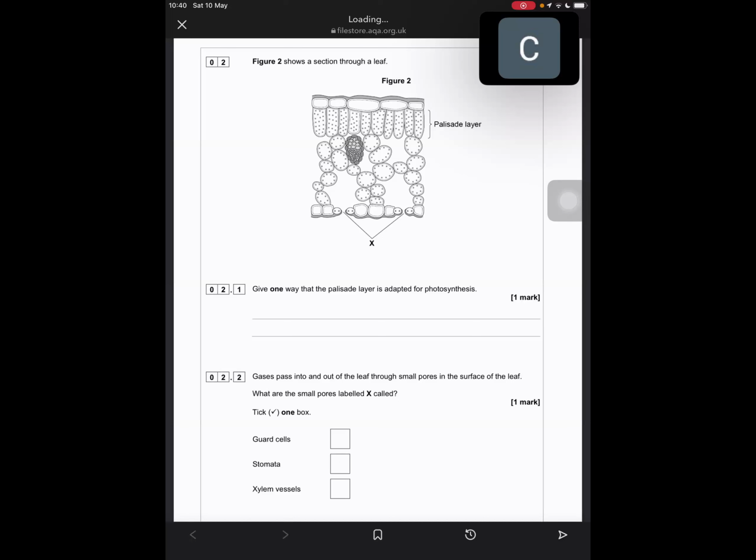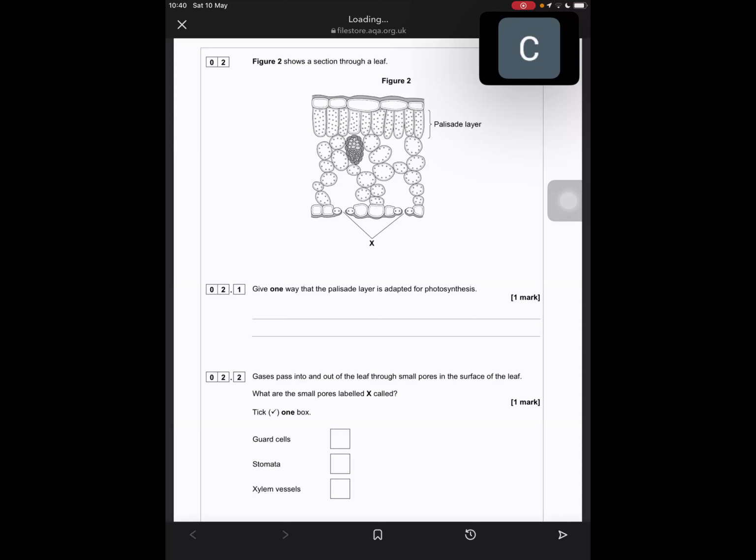Their location too: they are directly under the topmost layer of the leaf. So they are well suited for photosynthesis in that aspect. You can talk about their shape.